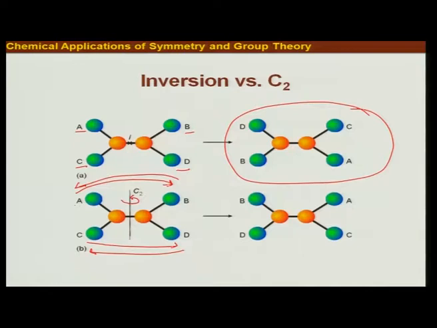So I should have a structure like this, correct? Though apparently you can think that I and C2 are similar, when I mark them with A, B, C and D, you can see that they end up in two different structures. But if I forget about this marking, then these two structures are equivalent, right? So they are indistinguishable in that sense.